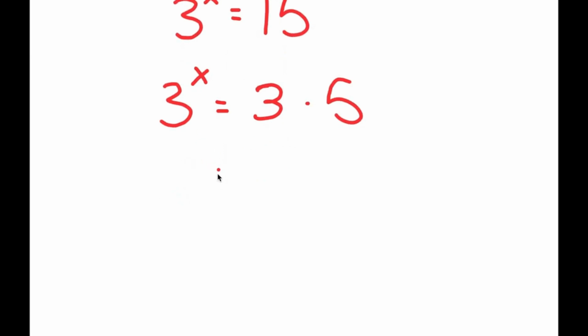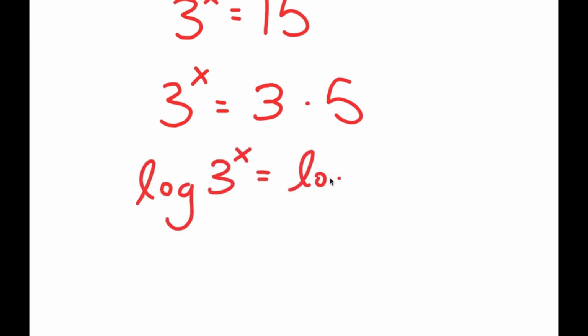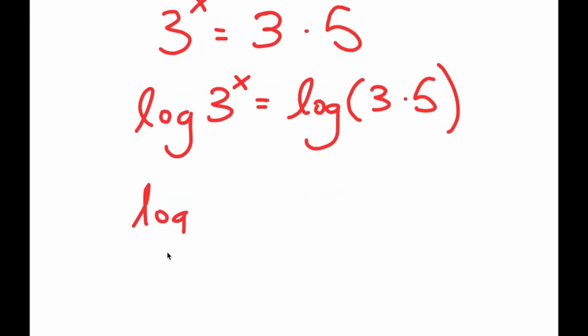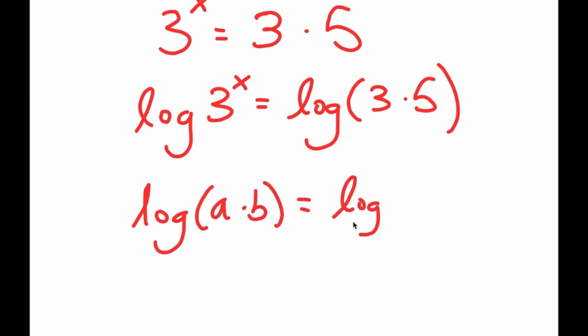And now I'm going to take the log on both sides. So I get log of 3 to the power of x is equal to log of 3 times 5. And if I have something in the form log a times b, this is equal to log a plus log b.